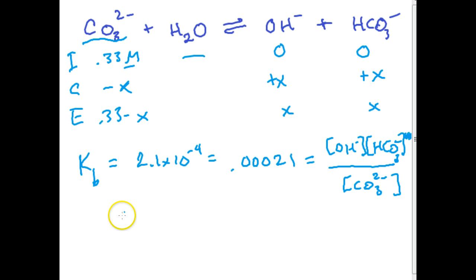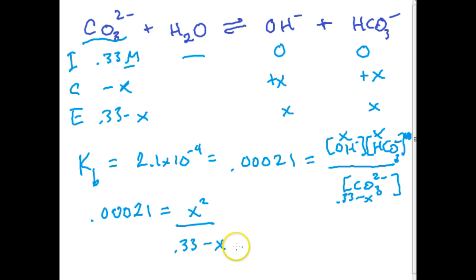So this Kb expression is going to end up meaning that there's an x here, and a 0.33 minus x over there. So x squared over 0.33 minus x.